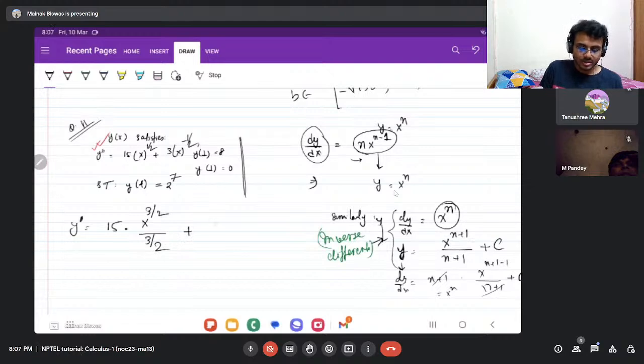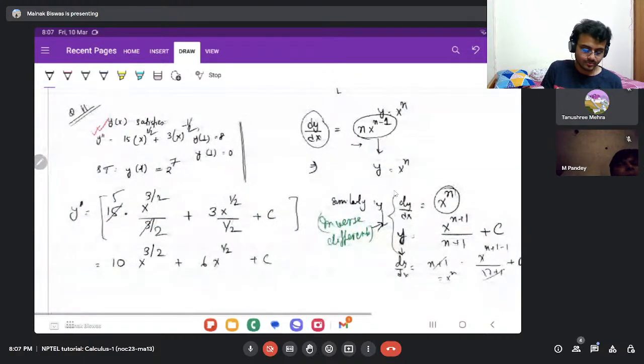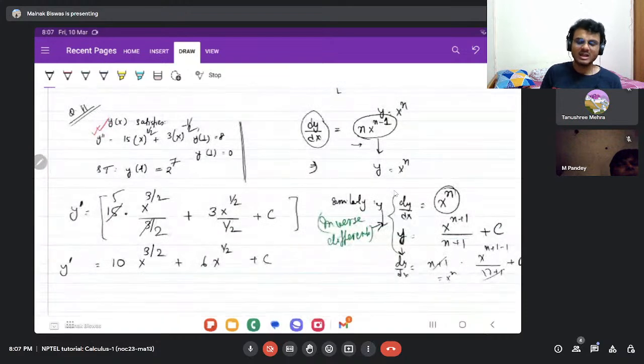Plus 3 x to the power half by half plus some constant c. If you have a problem with the calculation, tell me. Which is equal to 10 x to the power 3 by 2 plus 6 x to the power half plus c, right? Correct?